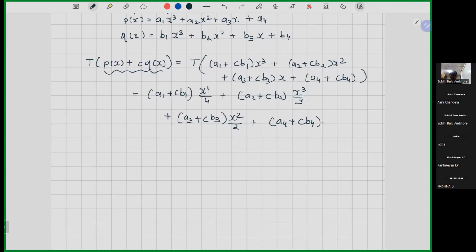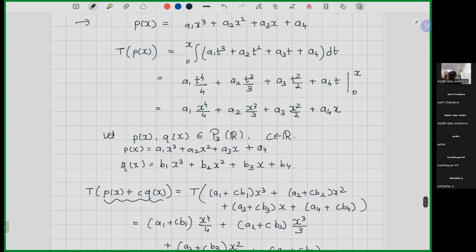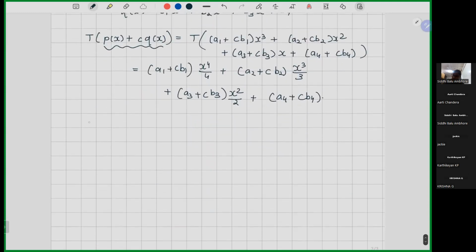Now I want to check the RHS, which was T of P of x plus c T of Q of x.